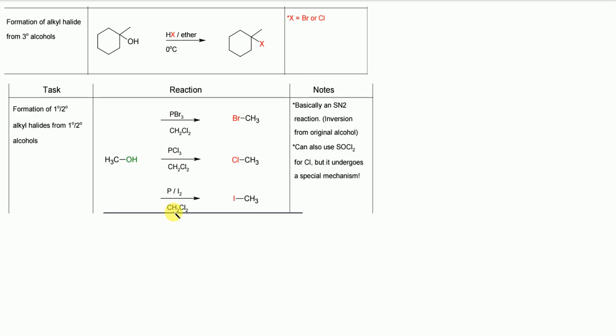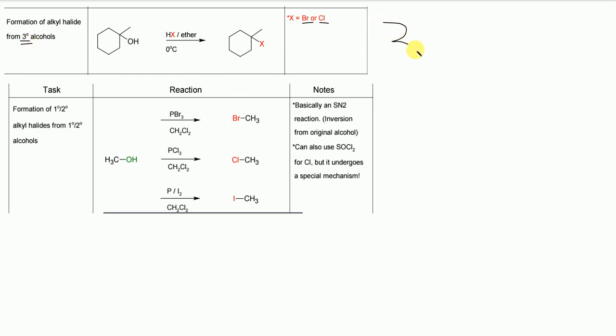What these two reactions are doing is going from alcohols to alkyl halides. We're adding leaving groups to these molecules in place of this alcohol. X is always used to stand for halides, and so here X is going to be either bromine or chlorine.